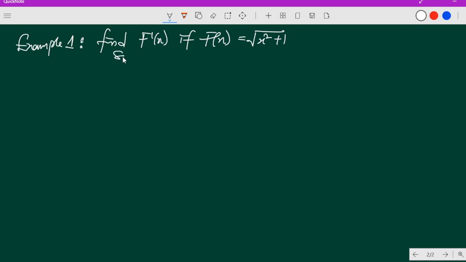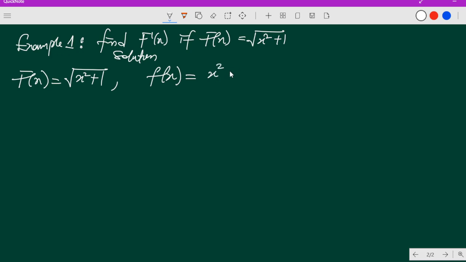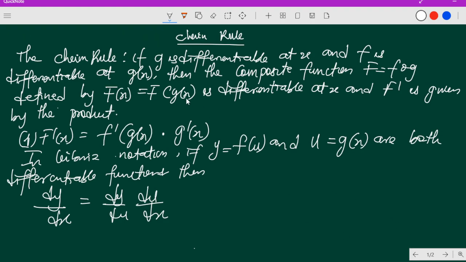In solving this, if f of x is the square root of x squared plus 1, you can rewrite it to say that f of x is x squared plus 1, all raised to power 1 over 2.